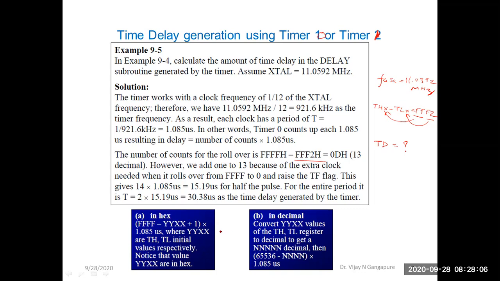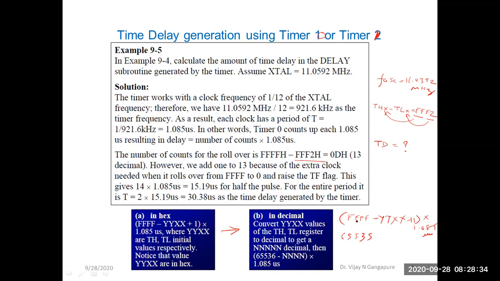If we convert this formula to decimal, it will become 65535, which is the equivalent of FFFF. So I will write the formula here: FFFF in hex minus YYYY plus 1, multiplied by 1.085 microsecond.